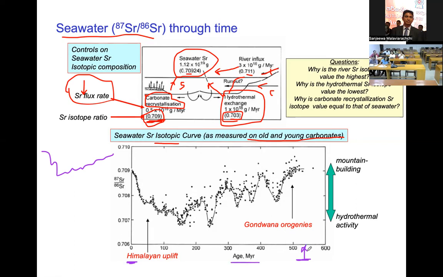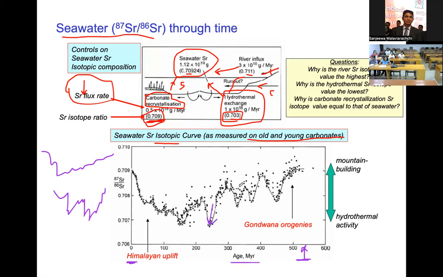You should know that these global tectonic processes have caused seawater isotopic composition fluctuations. So that's why you have some variation like this, some downs, some highs. Okay. So you should be able to find out each and every event related to these fluctuations.